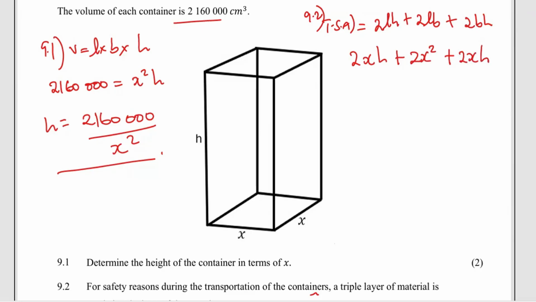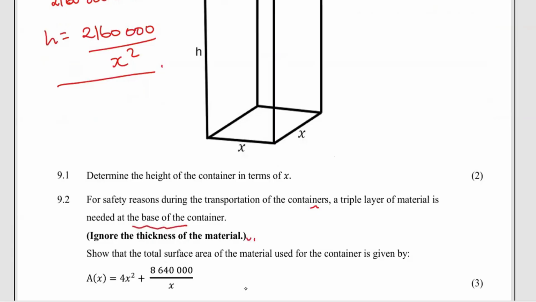Now, this is just the normal format. If we talk about 3 layers, meaning that we are increasing something extra. Already we have this as the first layer, so we need 2 extra layers of x squared.